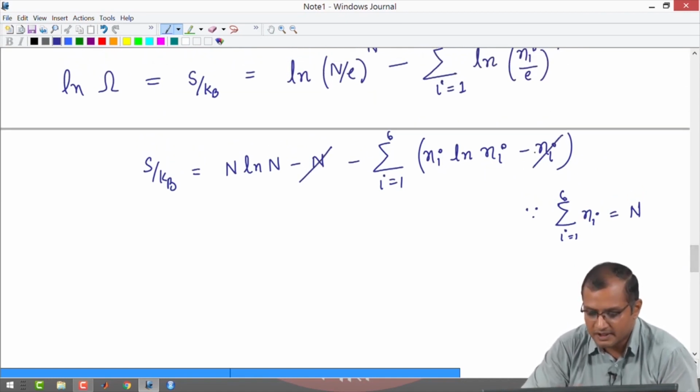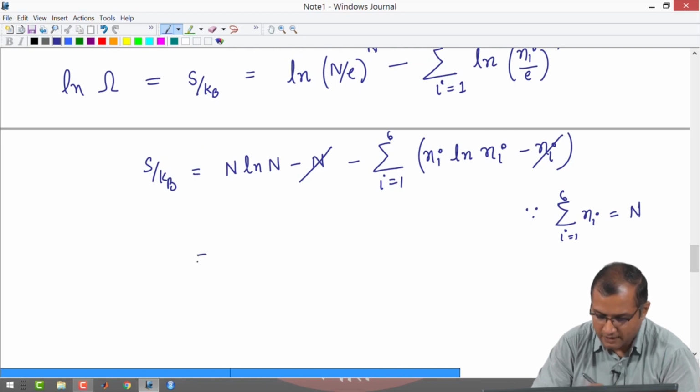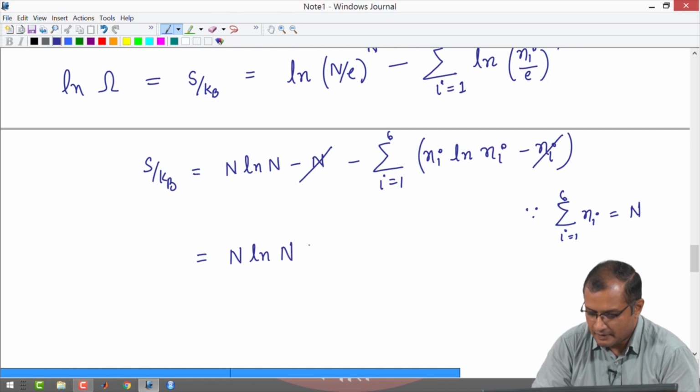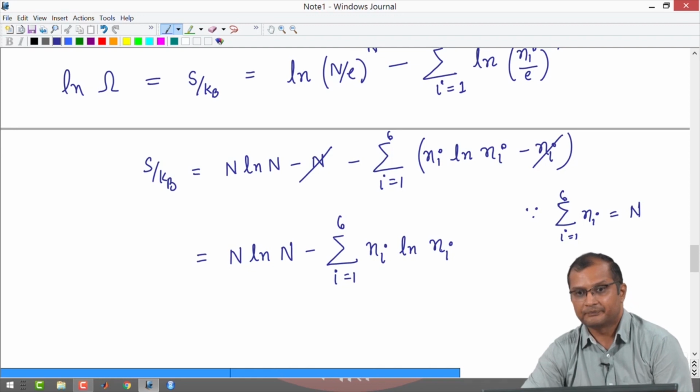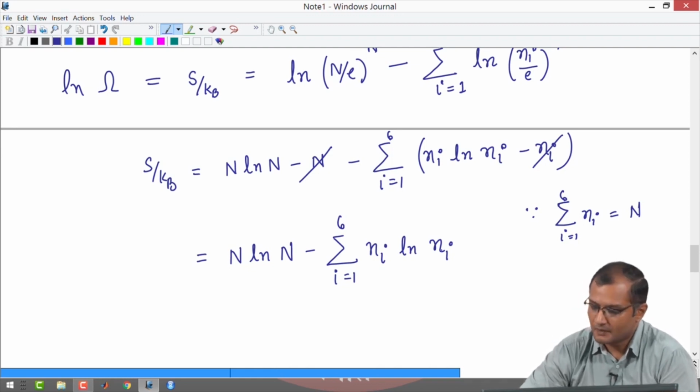So, there is a summation outside the bracket, and what I have is basically n ln n minus summation i going from 1 to 6 ni ln ni, okay, because summation ni is big N, right.